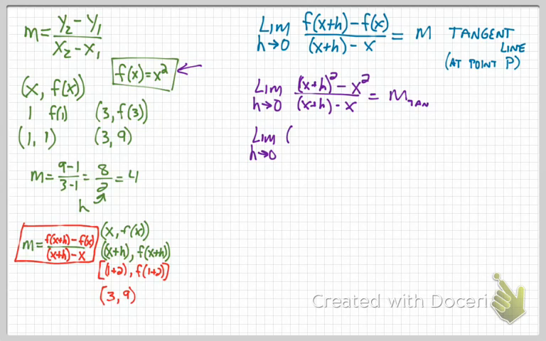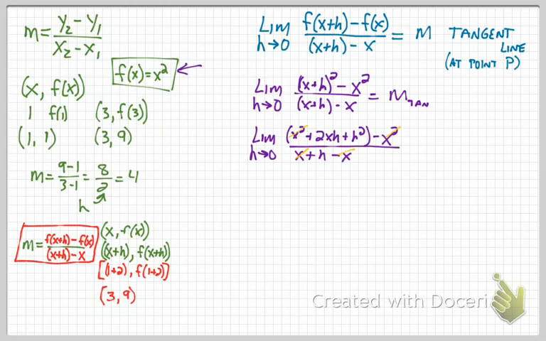We've got x squared plus 2xh plus h squared minus x squared all over x plus h minus x. You might notice that we've got a couple things that we can cancel out here. So our x squared and our x squared can cancel, and our x can cancel.